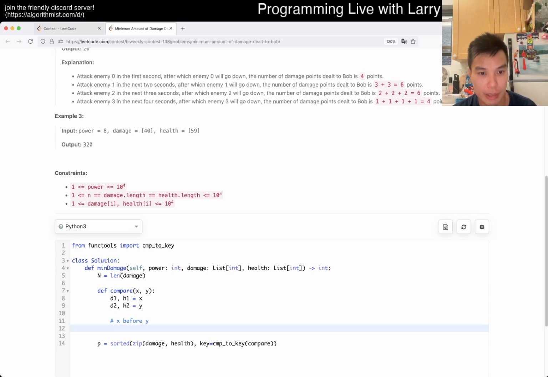okay, so the H1 plus power minus 1 over power is the number of cycles. So then now this is the number of cycles before we kill 1. Right, so then you times this by D1 plus D2 because you take both damage, and then after that you add H2 plus power minus 1 over power times D2, right?